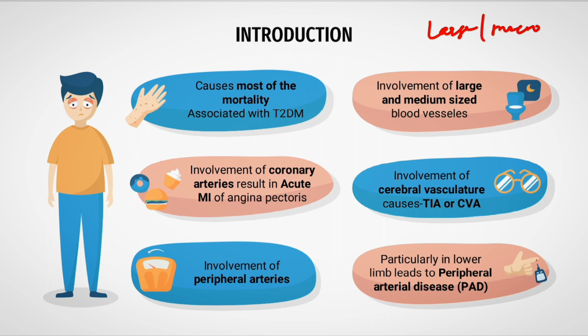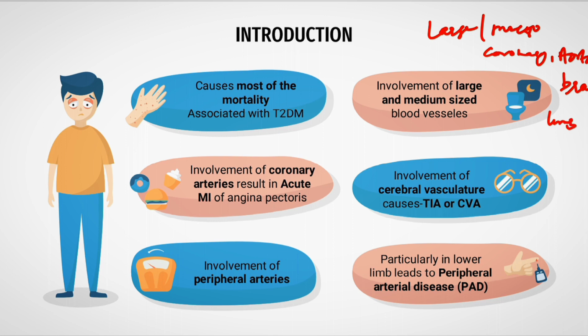That's why it has been named macrovascular complications, and it is a disease of large vessels like coronary artery disease, the aorta, and the sizable arteries in the brain and in the lower limbs.